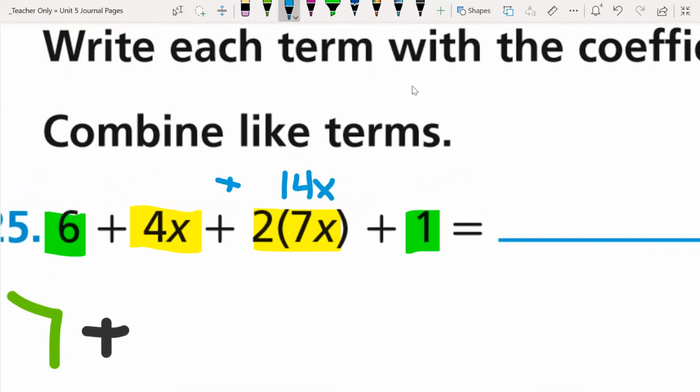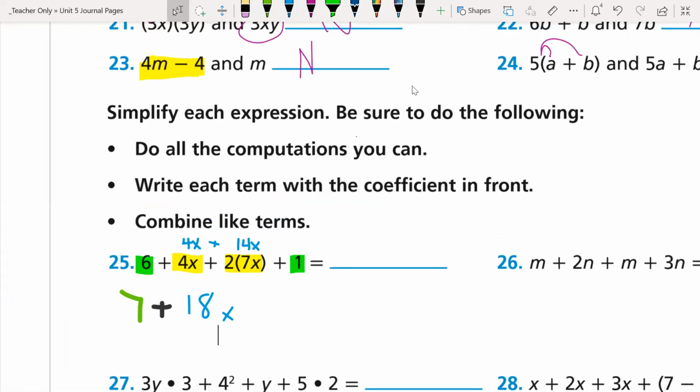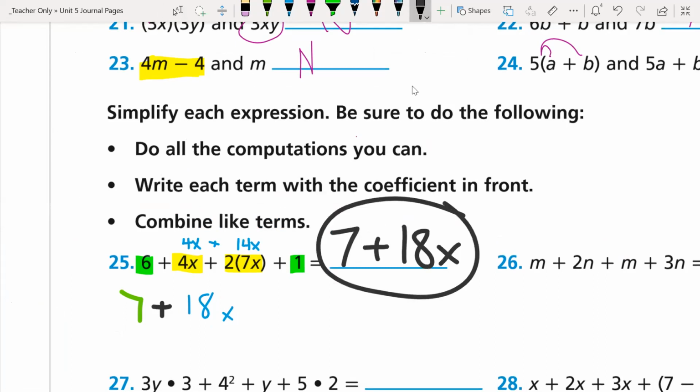And then when I add 4x to it, I get 4x plus 14x. Well, 4 plus 14 is 18 x's. Right? And that's what I'm left with. I have 7 plus 18x. And that's the correct answer. Circle that. So that's what our answer is.